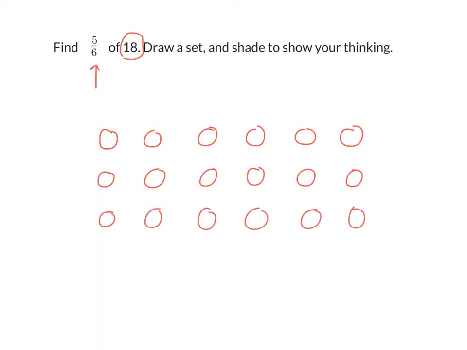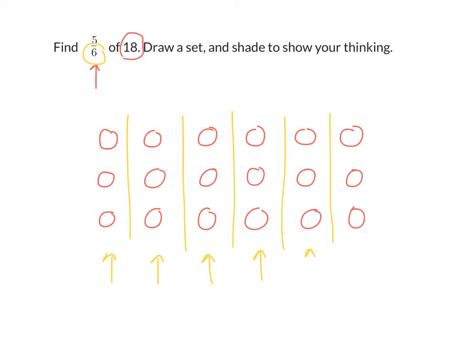The reason why I want to make sure I have 6 columns is because that makes it really easy for me to divide it into 6 equal groups. Because again, my denominator tells me I want 1/6. So therefore, this would be 1/6. It's 1 out of the 6 groups. This would be 2/6 altogether, 3/6, 4/6, and altogether 5/6.